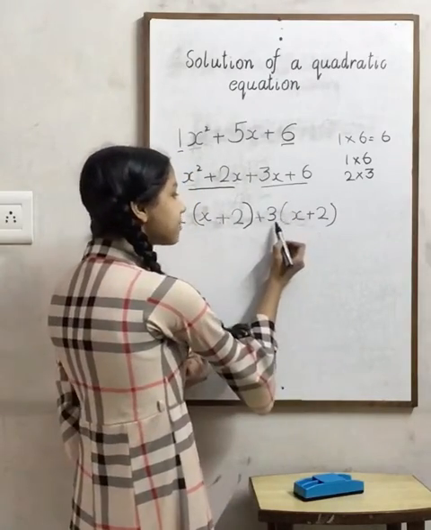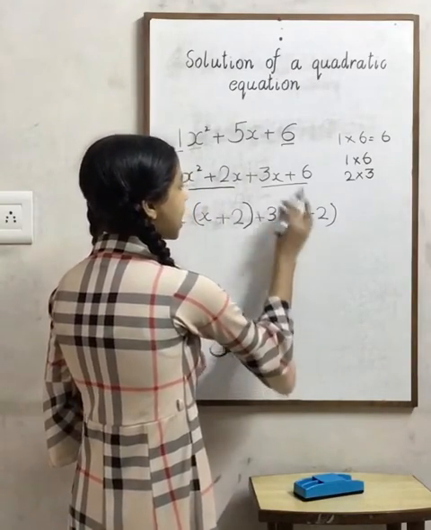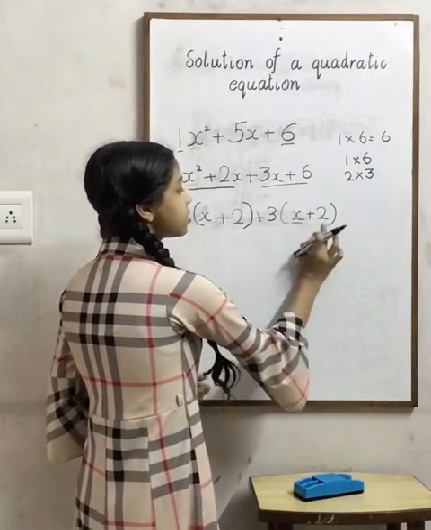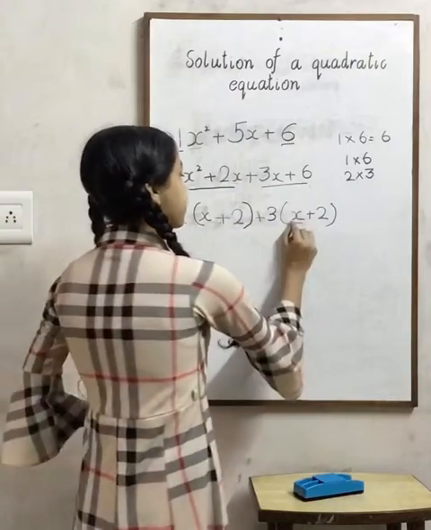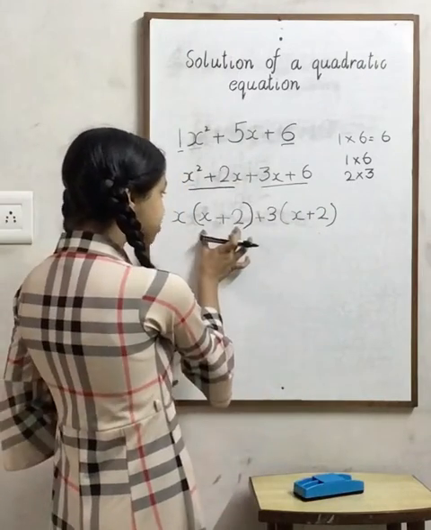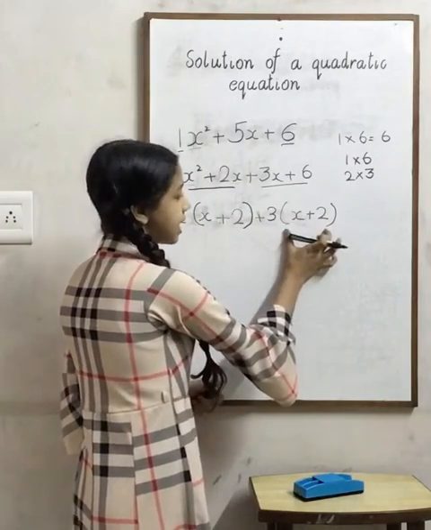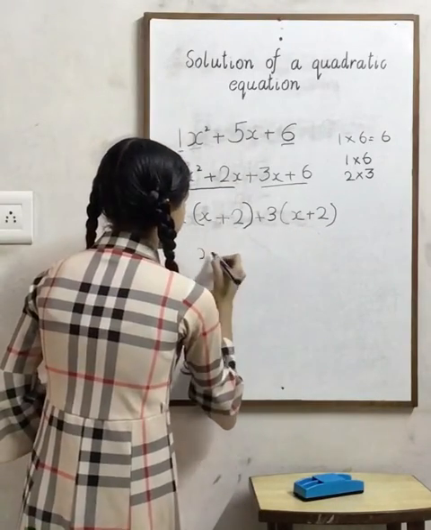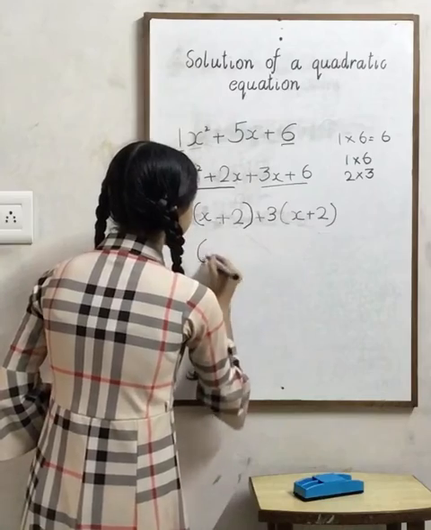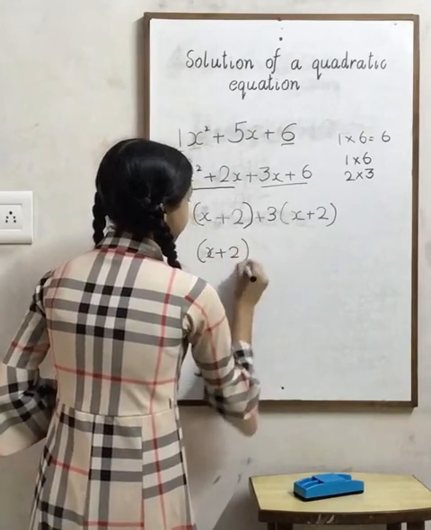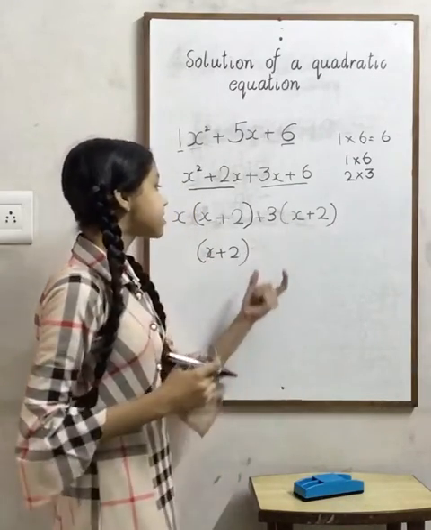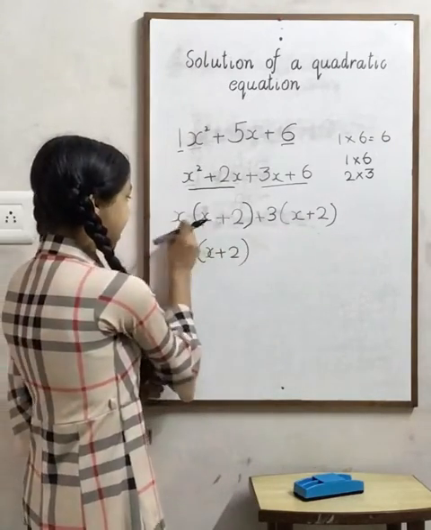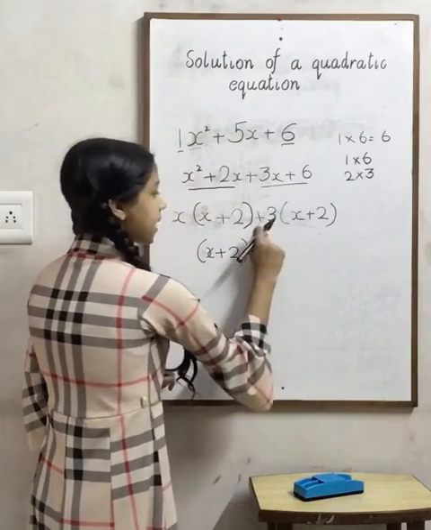Because by multiplying plus 3 to x, the answer is 3x, and by multiplying plus 3 to 2 is 6. So as x plus 2 here and x plus 2 here is common, we can write it only one time. x plus 2 we will write here only one time, and here instead of writing x plus 2 one more time, we will write x plus 3.